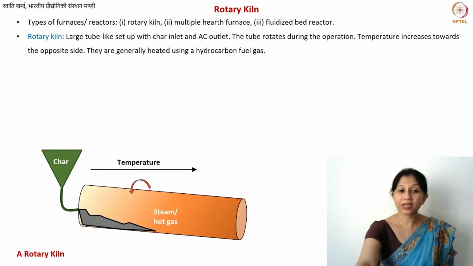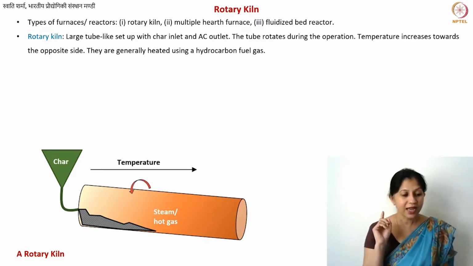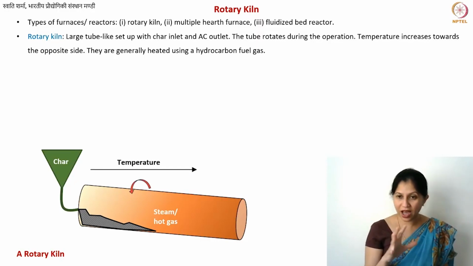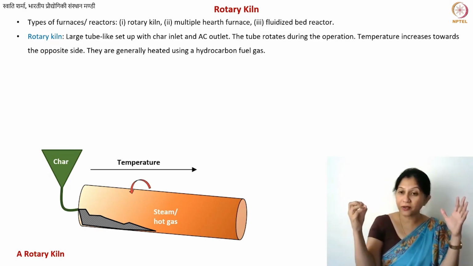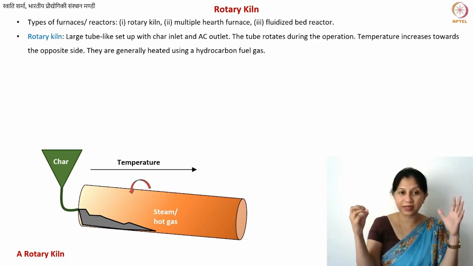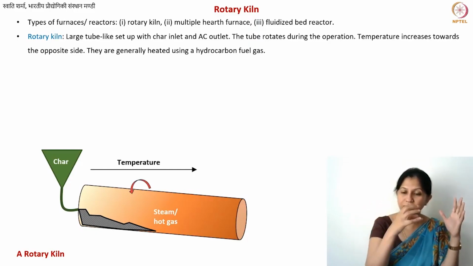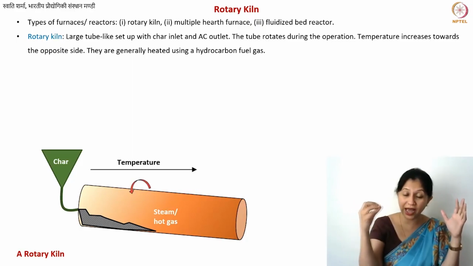Okay, what else do you have here? You have fuel, you have hot gases, but what you often do is put your source of heat on the opposite side of the feed. Why are you doing that? So that the temperature increases this way, while the gases flow this way.